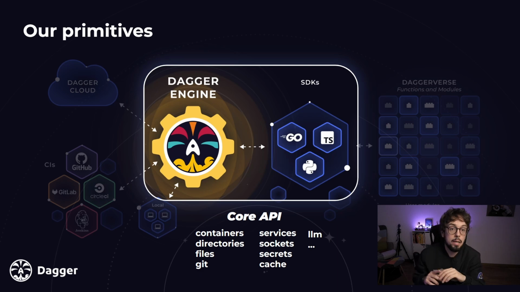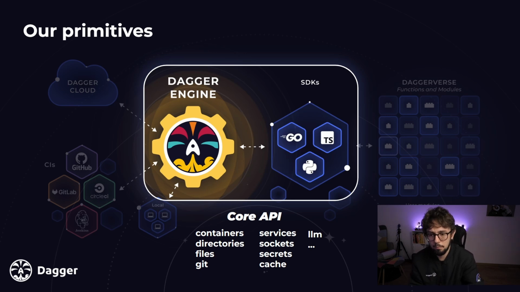The only requirement that you have is a Docker engine or something like that, so Podman or whatever. And then you can spawn an instance of the Dagger engine. The engine is responsible for exposing a set of core APIs to do different things. You can see here some examples.